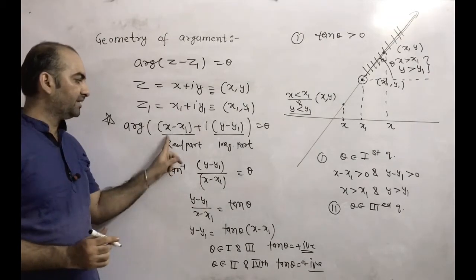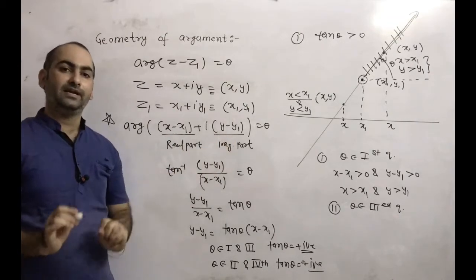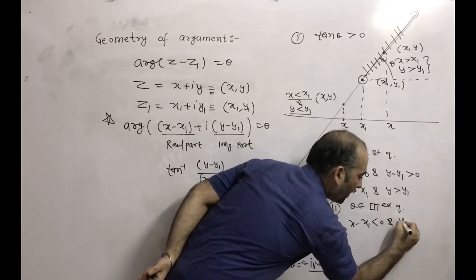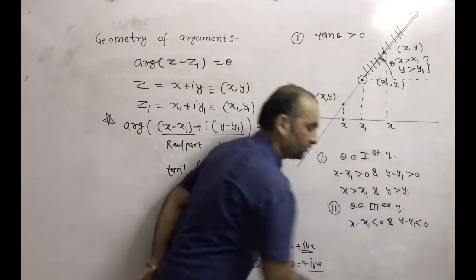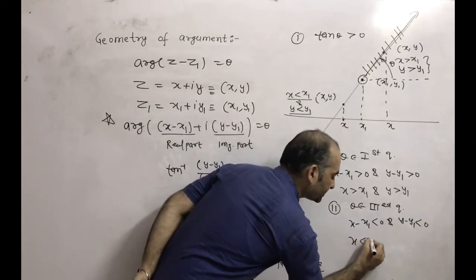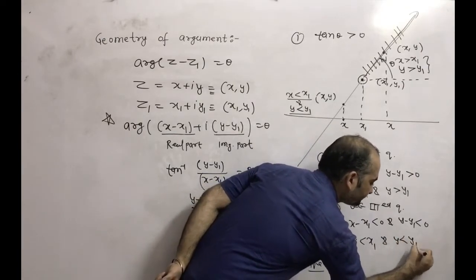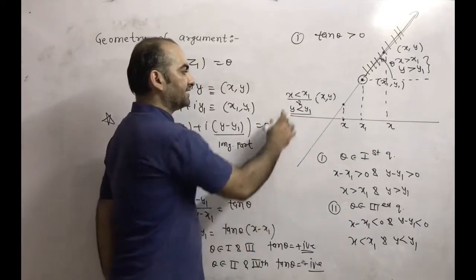That means x minus x1 should be less than 0 and y minus y1 should be less than 0. So here we can say x is less than x1 and y is less than y1.